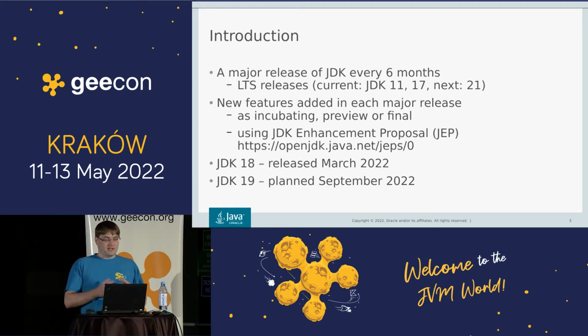And this all is using the JDK enhancement proposal process. And for various features I will be showing you later, I will always try to refer to the JEP number. And you can look into the JEP to find out more about the feature if you are interested.